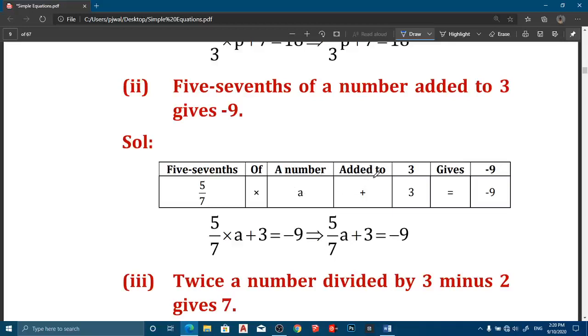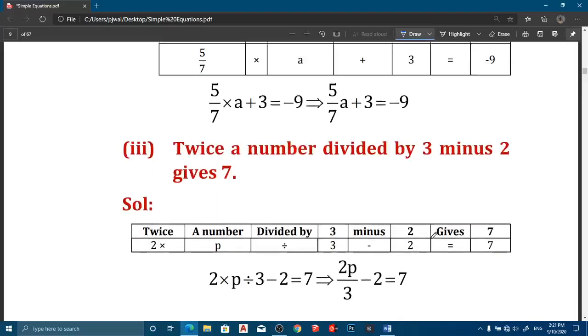Now it is added to, so I write plus 3. Gives means we write equal to -9. Now it is converted into an equation: 5/7 of a plus 3 is equal to -9. You can simply write like this also by omitting the multiplication symbol. 5/7 of a plus 3 is equal to -9. So this is the second one.